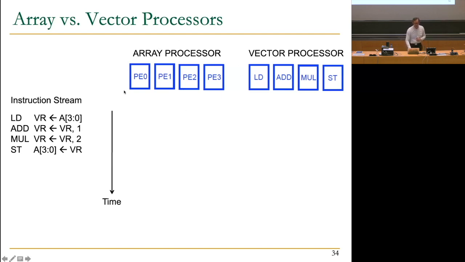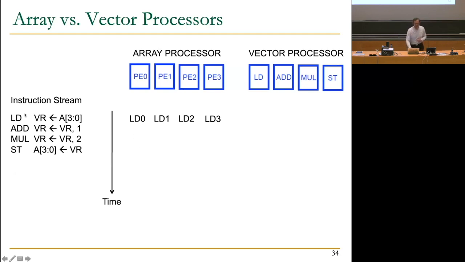Okay, let's see how this executes on an array processor versus a vector processor. Vector length in this case is 4. I'm going to define that more formally soon. But basically, an array processor can do the same operation across multiple processing elements at the same cycle, in the same time, basically. So all of these processing elements are capable of executing all of these instructions. So these are beefy processing elements, expensive.